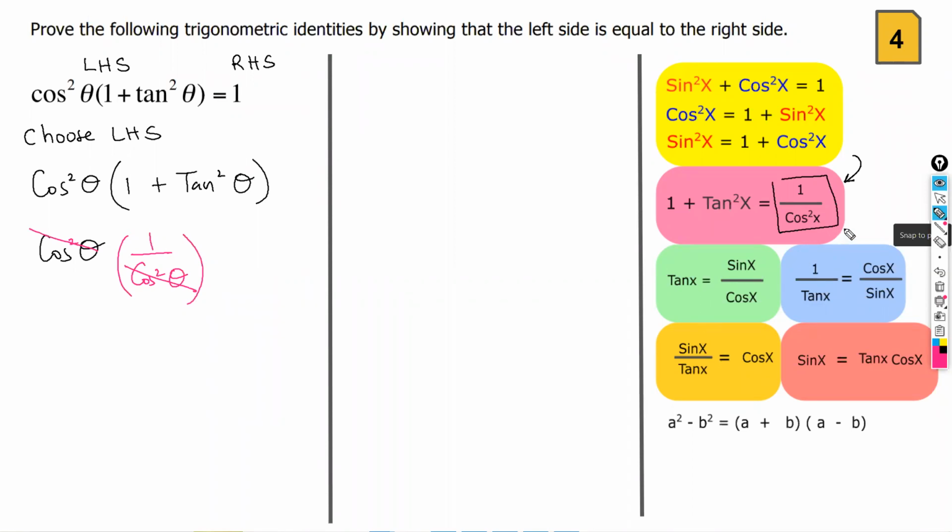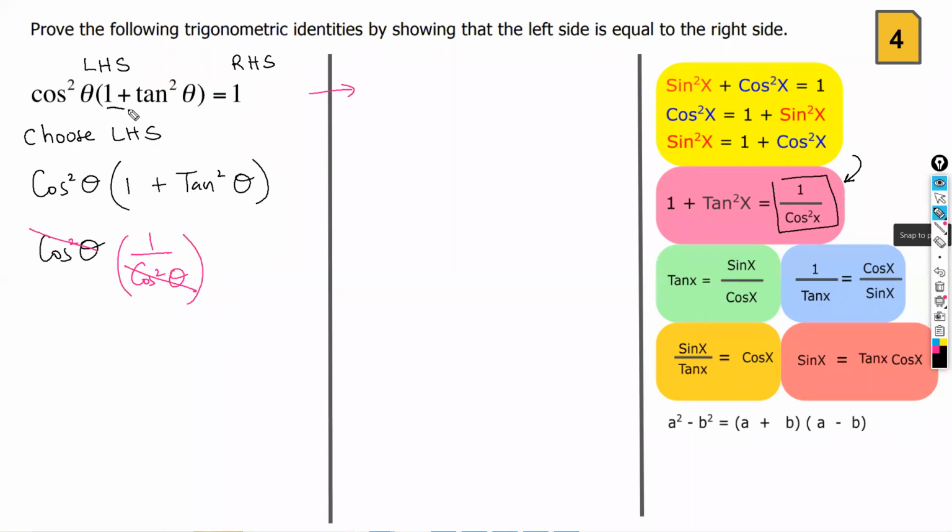But that's the easy way of doing it. Well, what I want to do is work out this question without using this formula, because I have a good feeling that the teacher will want you to do it the long way. So let's cater for that way. I'm going to do it on this side here since we have some space. What we could do instead is multiply out the brackets. So we're still choosing the left-hand side.